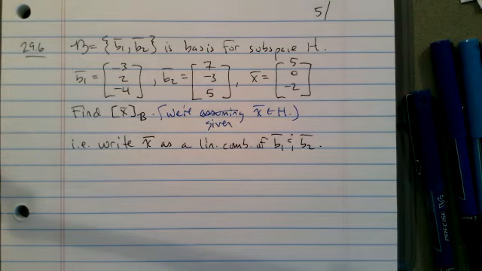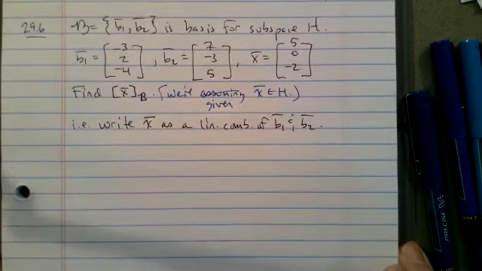So finding the coordinates of x relative to a basis means writing the vector as a linear combination of the vectors in the basis. All right.